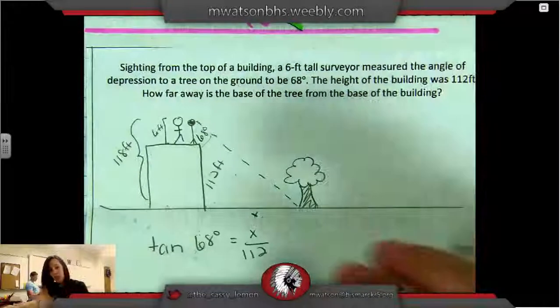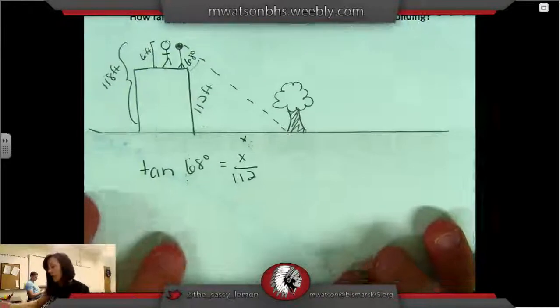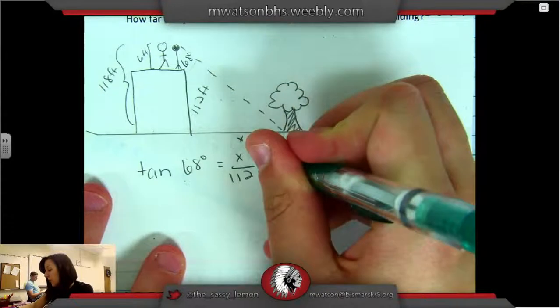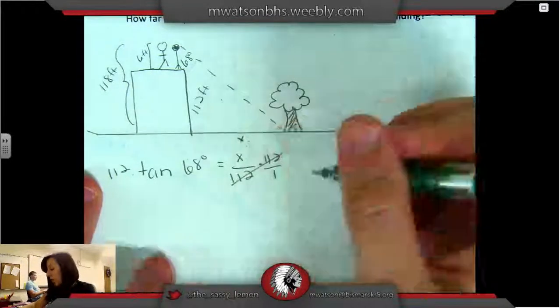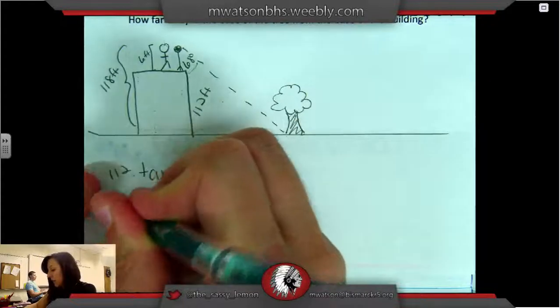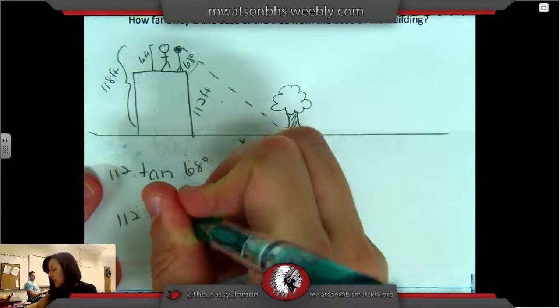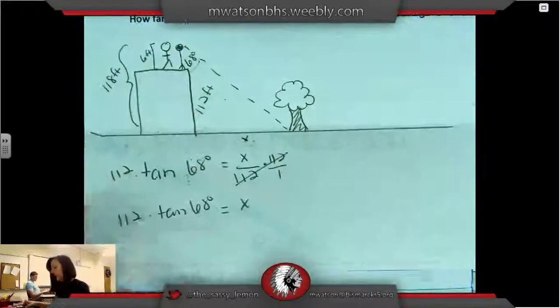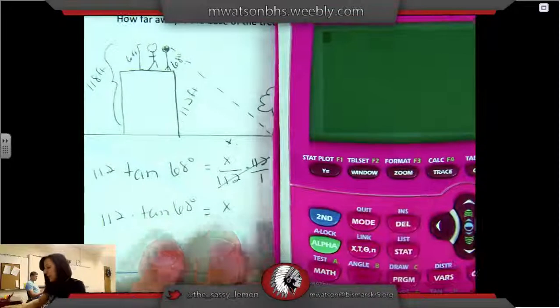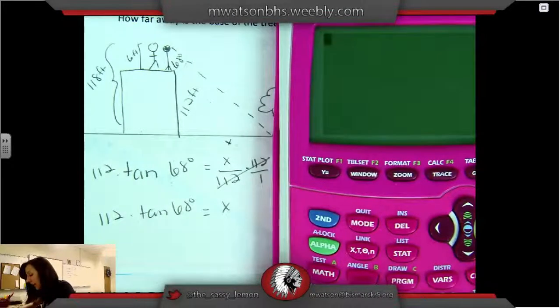And now we're just going to solve this equation. To solve it, multiply by 112 on both sides. The 112s cancel, and we get 112 times tangent of 68 degrees equals x. So now I'm going to type that in my calculator and approximate the length.